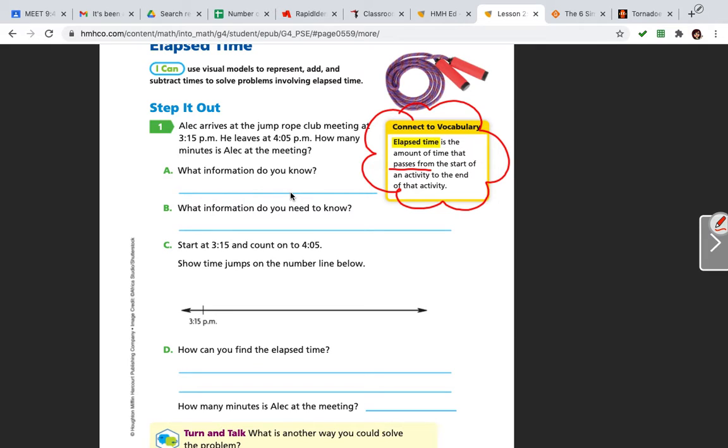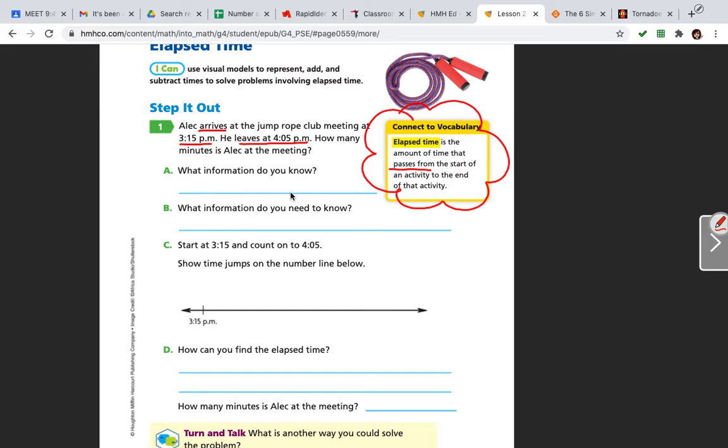So let's look at question number 1. Alec arrives at the jump rope club meeting at 3:15 p.m. He leaves at 4:05 p.m. How many minutes is Alec at the meeting? So he arrives at 3:15 and he leaves at 4:05. How many minutes is Alec at the meeting?